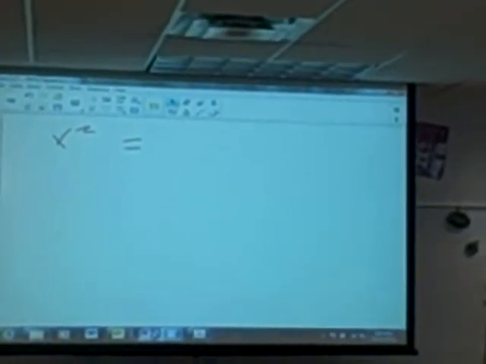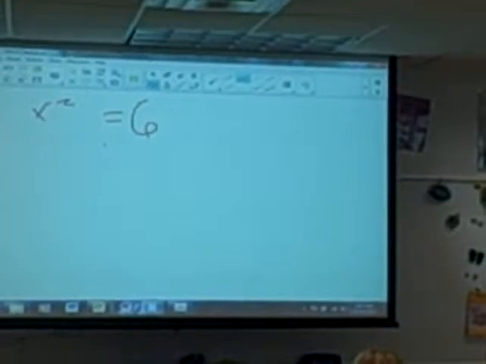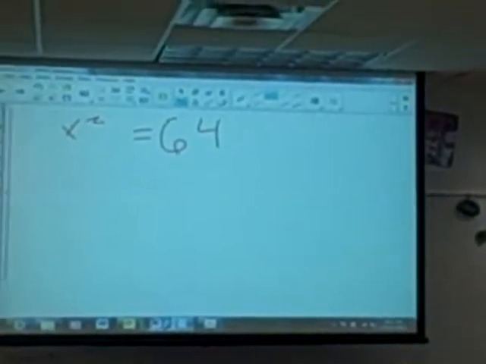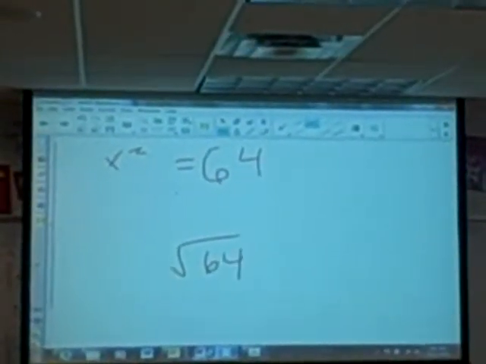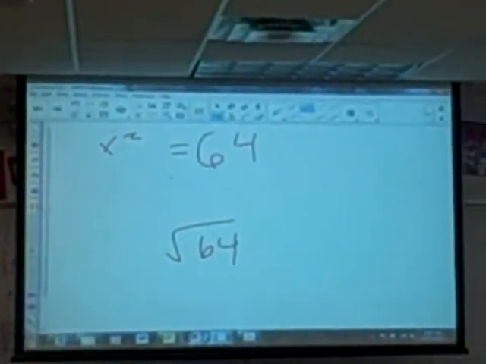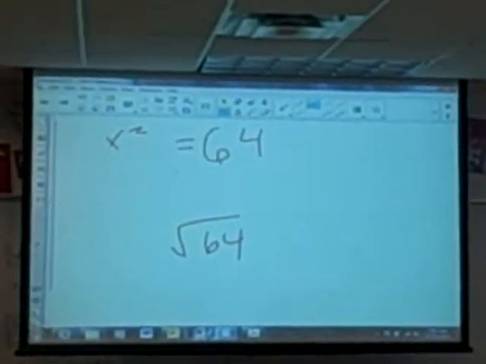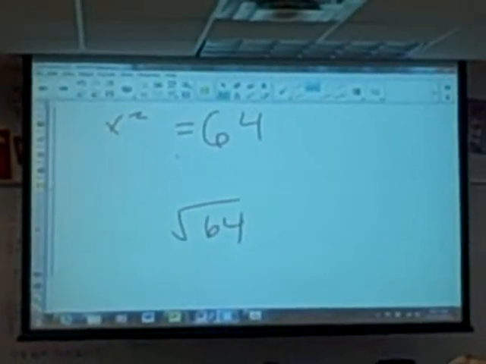Okay, so if I said x squared equals 64, x is going to be 8. But if I said what's the square root of 64? 8. Good, because the square root is working backwards, x squared is working forward. Does that make sense?